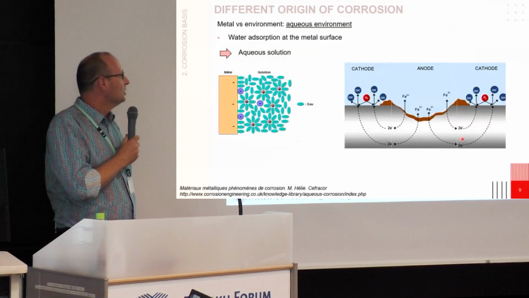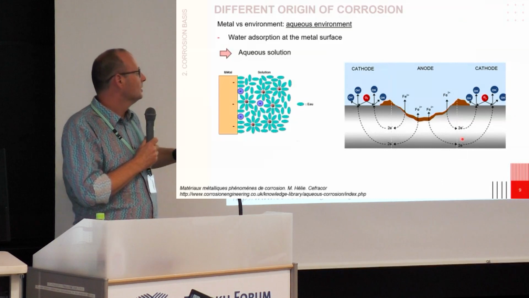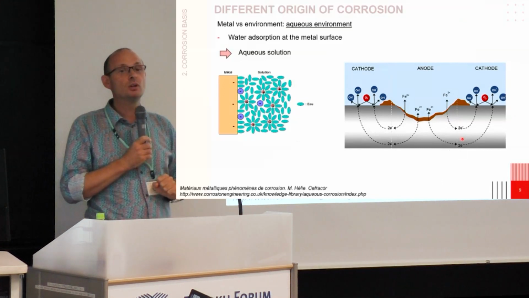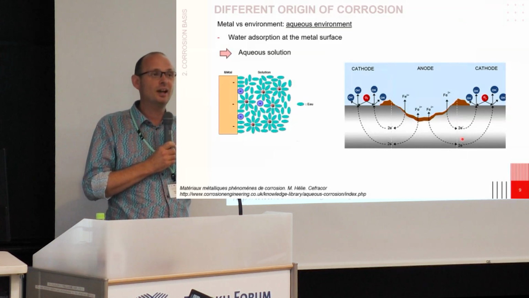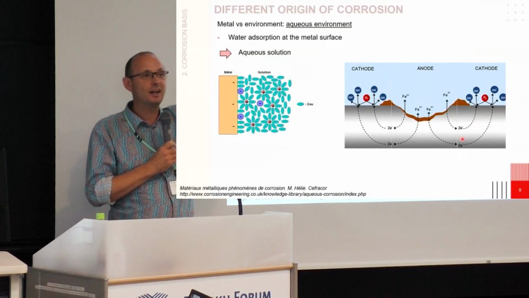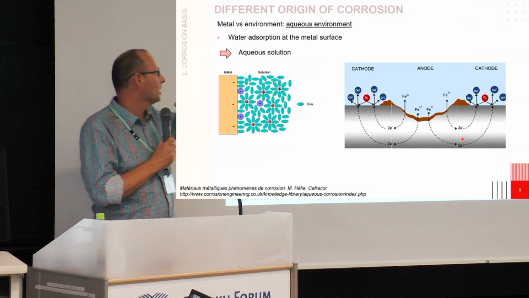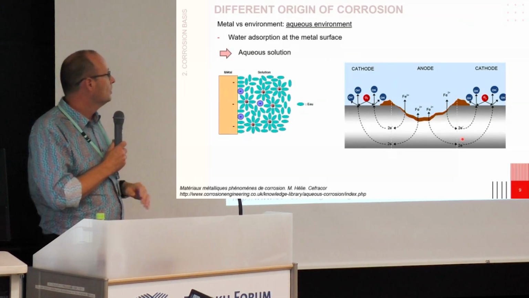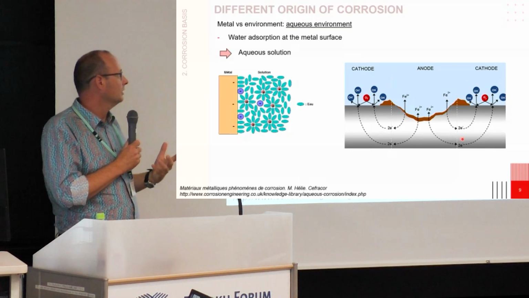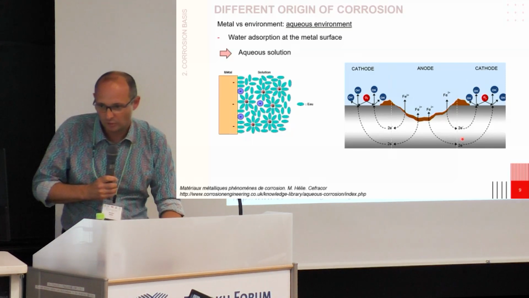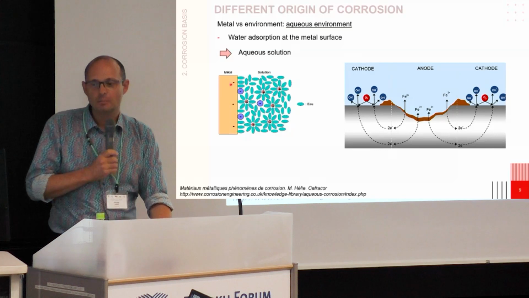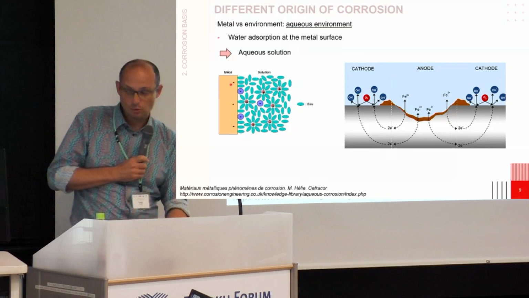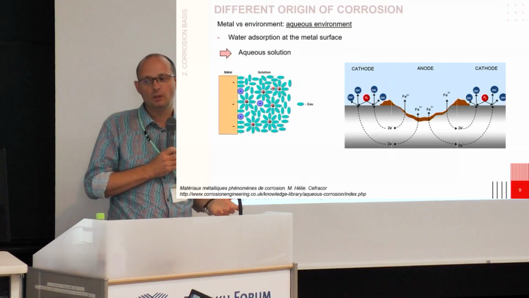Okay, so now if I'm looking at aqueous solution, there is no more drying time and wetting time. It is always wet. So what do we have to do? We have to imagine that the metal which is here has a potential that has to be adjusted to the potential of the water.